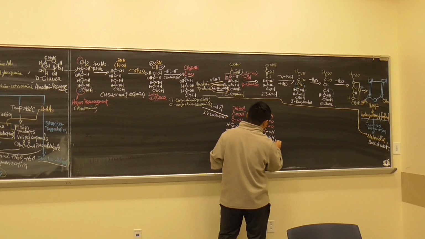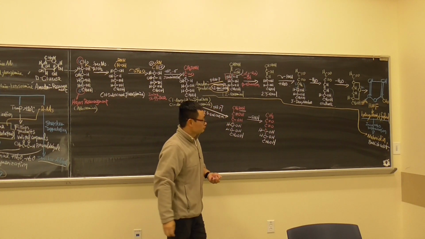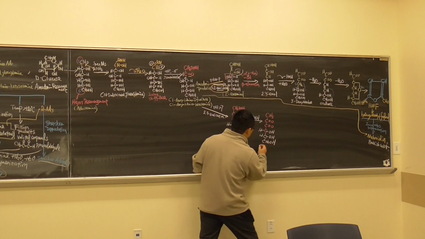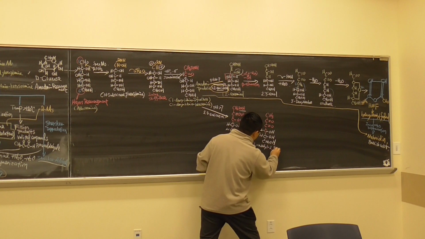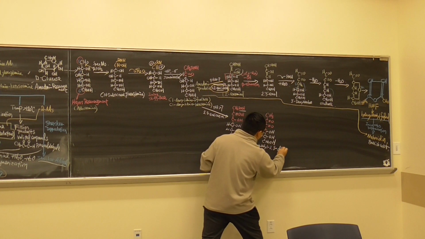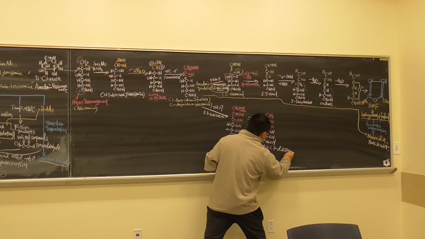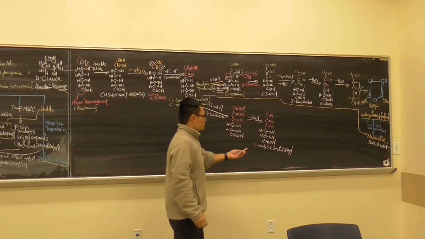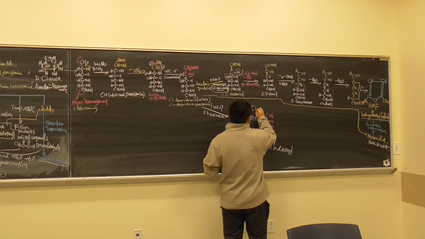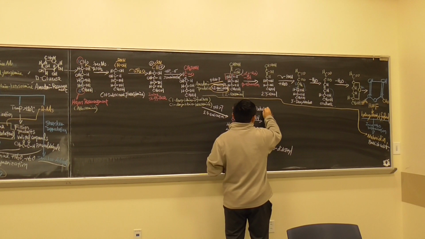CH2OH. What is this one? This is called 1-methyl 2,3-diketone. Diketone. This is what we call reductone.